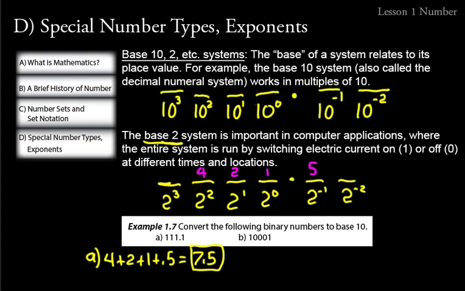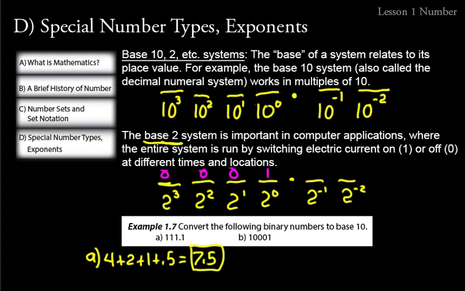Let's do another example, and let's erase these. Look at the next one, 1, 0, 0, 0, 1. So we have 2 places that are on and 3 that are off, and there's no decimal there, so that means we'd start with 2 to the 0. So 2 to the 0 is just 1. And then we have 3 that are off, so this would be a 0, this would be a 0, this would be a 0.